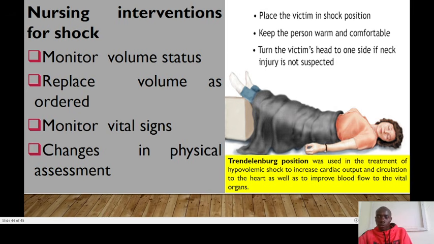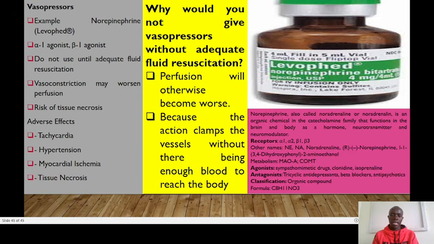Nursing intervention, you have to monitor the volume status, replace the volume as ordered, you monitor the vital signs and changes in physical appearance, keep the patients in a shock position, the Trendelenburg position. A link will be popping up on how to place a patient in a shock position.